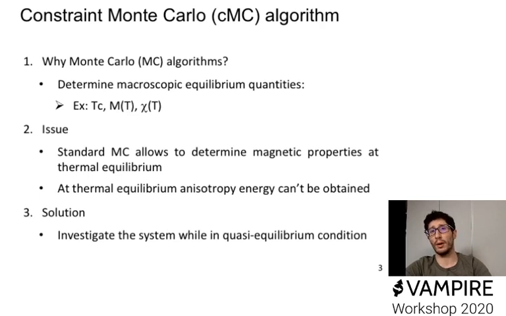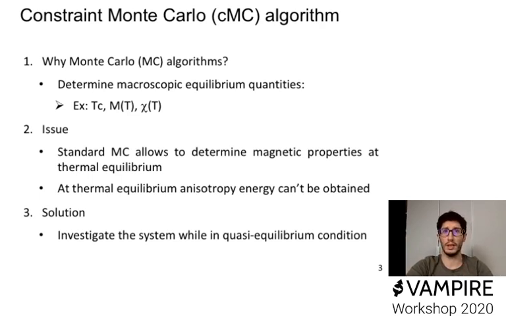On the other hand, though, when we talk about anisotropy energy, what we are referring to is the difference in energy between states where magnetization is oriented along different directions. And if you are in a proper thermal equilibrium, then the magnetization will align along the low energy state, and so we cannot obtain in such a case this difference in energy.